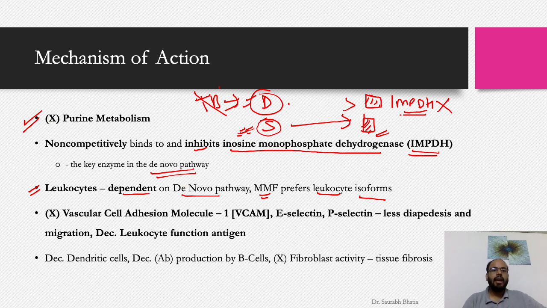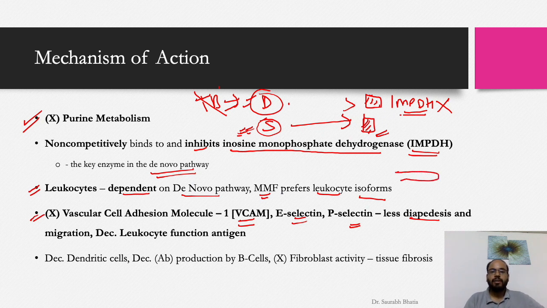Clear? Other than that, VCAM-1, vascular cell adhesion molecule, E-selectins and P-selectins are also inhibited by MMF, and this leads to decreased diapedesis and migration of lymphocytes through the endothelial cells of blood vessels at the site of inflammation.